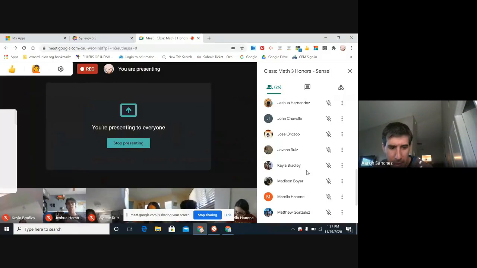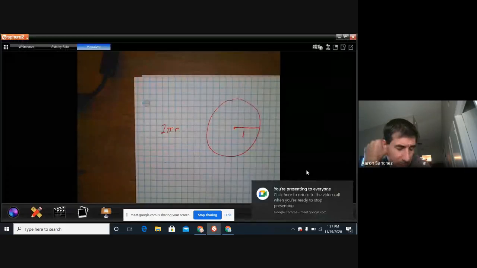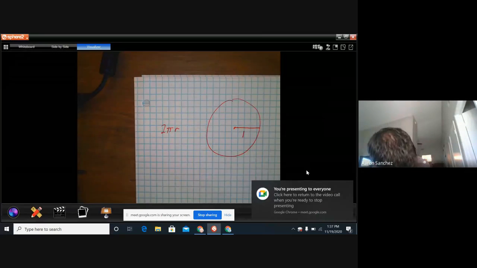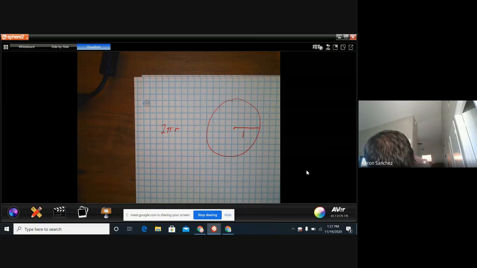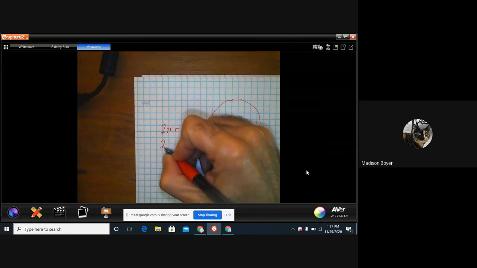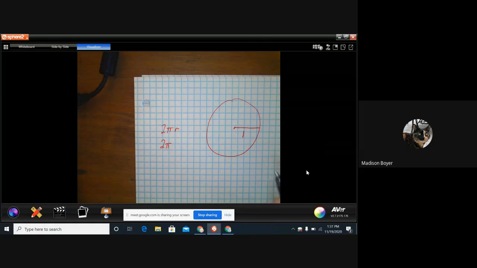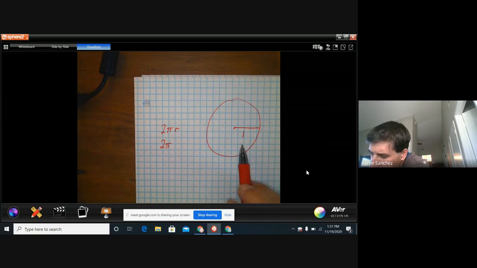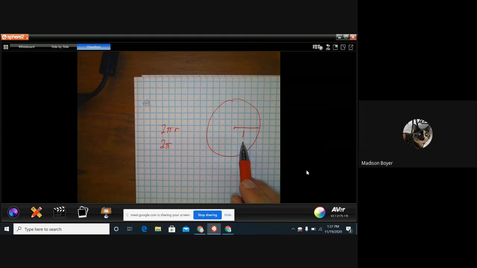Let's go with Madison. I'm not sure. What part are you stuck at, Madison? Trying to figure out what the circumference is. Well, what's my radius here, Madison? 1.